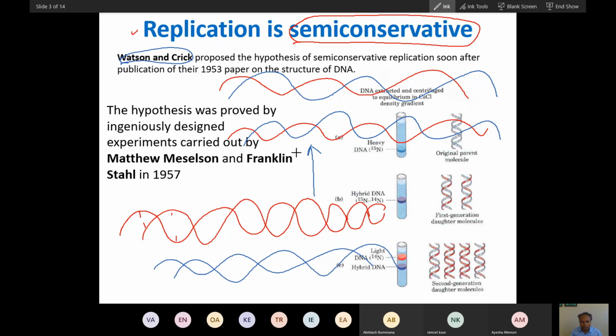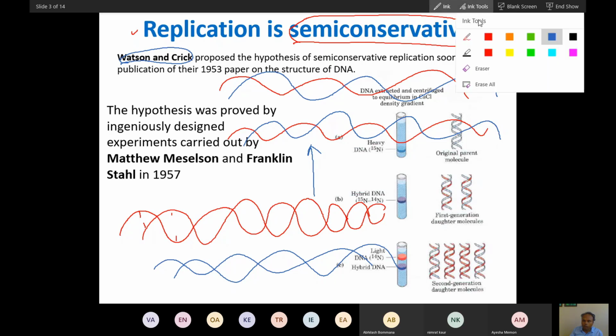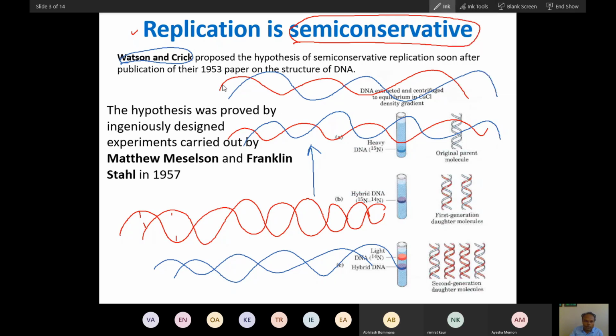After experiments, they found that the newly formed DNA from the old DNA has one new strand and one old strand. One old strand represents conservation. So this is called semi-conservative. DNA replication is a semi-conservative model.